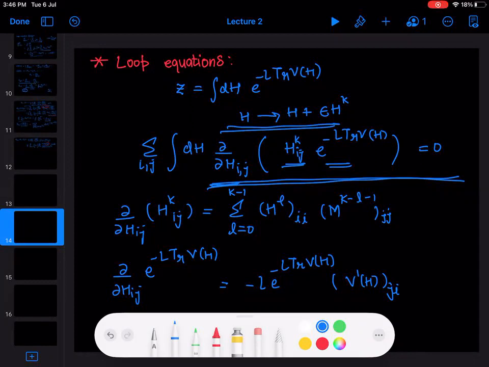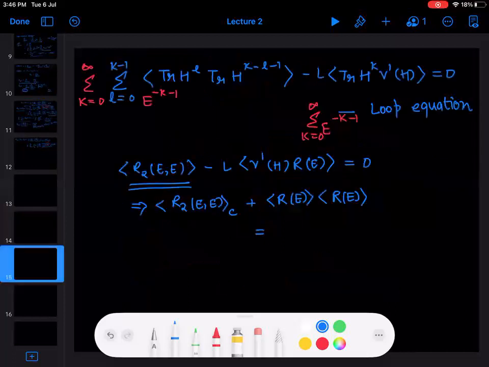An equivalent way of looking at this is that the integral of this total derivative vanishes. This is what I've used. I've operated this once on this and once on this, put these expressions here, and this is the equation that I get. Is that fine? Yeah, okay. Thank you.